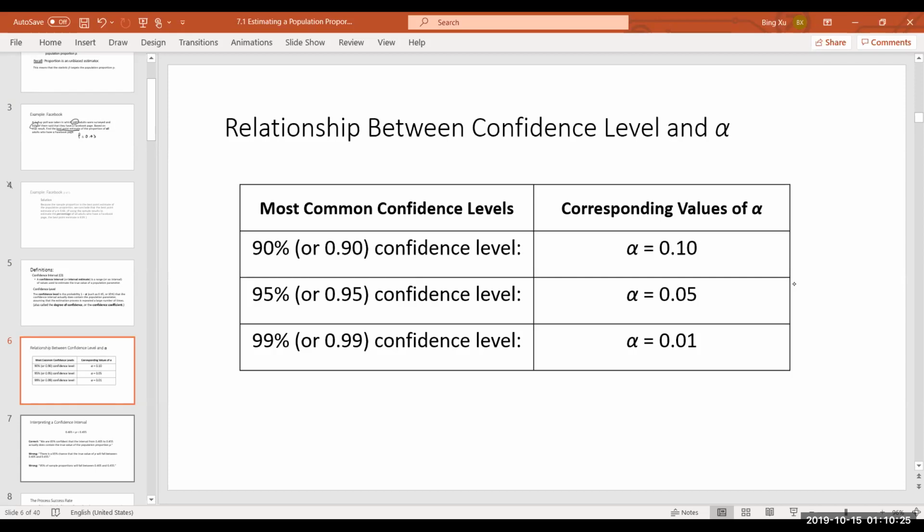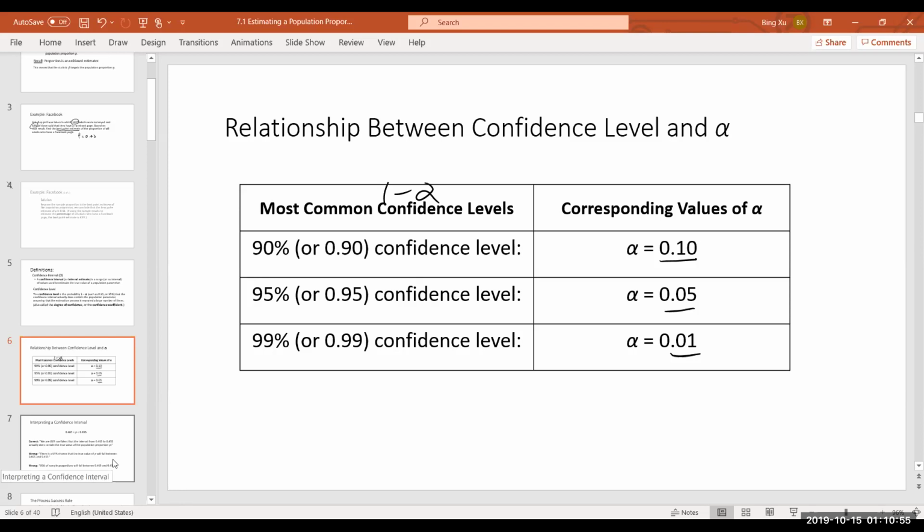These 3 are the most common ones, either 0.1 or 0.05 or 0.01. And the confidence level corresponding to this alpha is 0.9, which is 1 minus alpha. If alpha is 0.05, then your confidence level is 0.95, similar here.